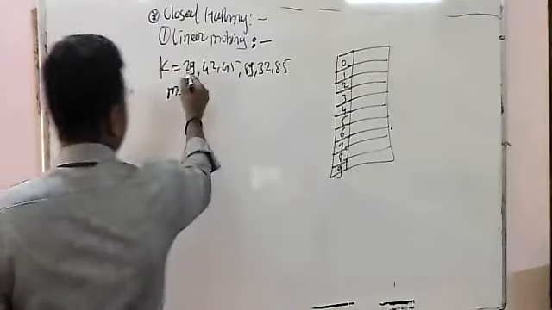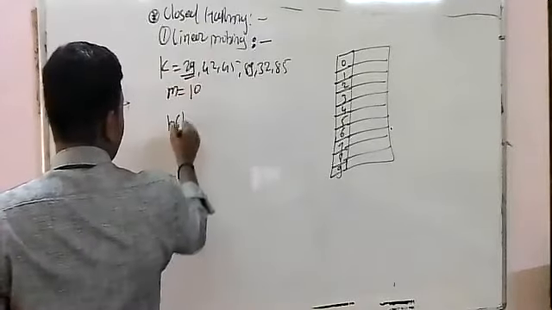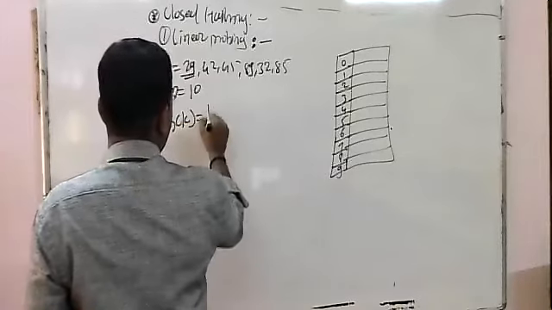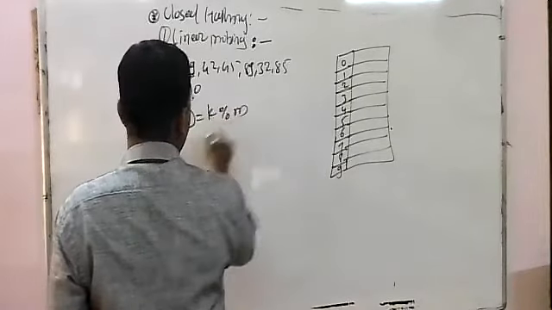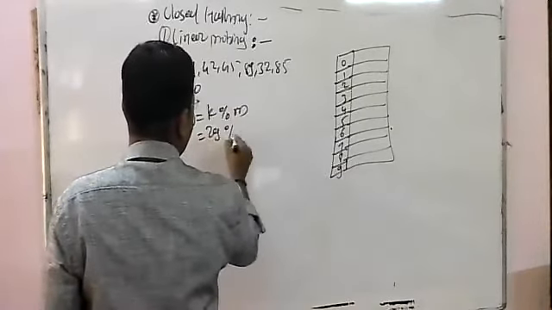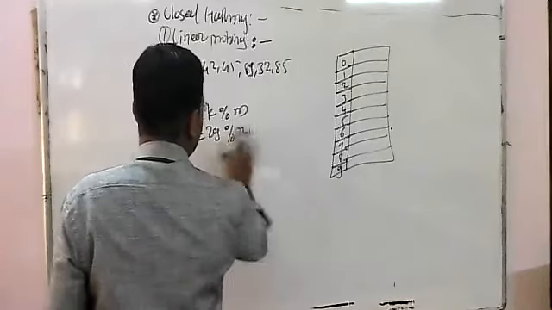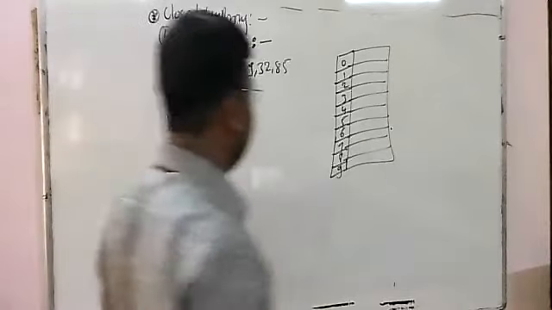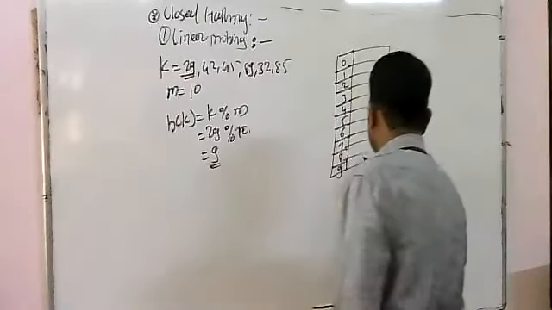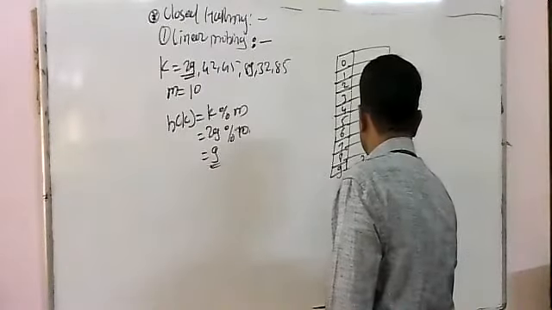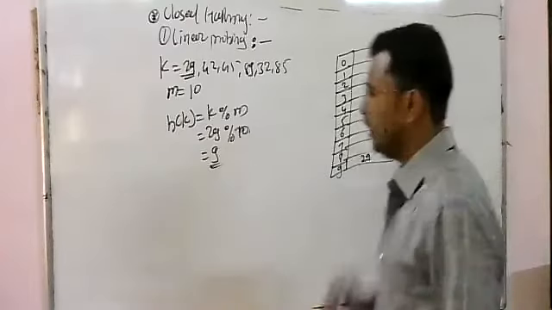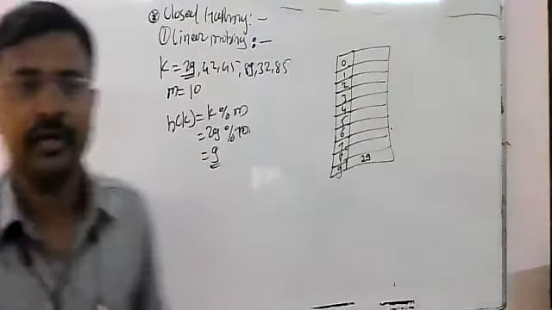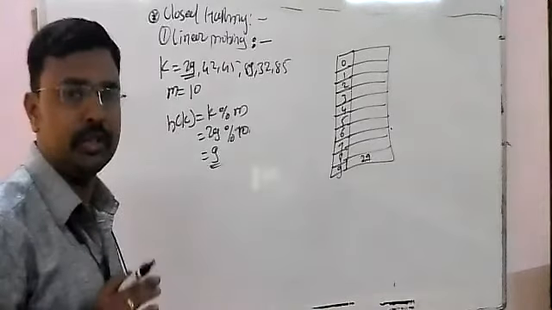Now for 29, h of k is equal to k mod m. 29 mod 10 is equal to 9. Index value is 9. So we are going to insert 29 at 9 position.